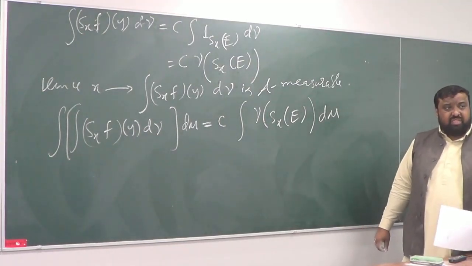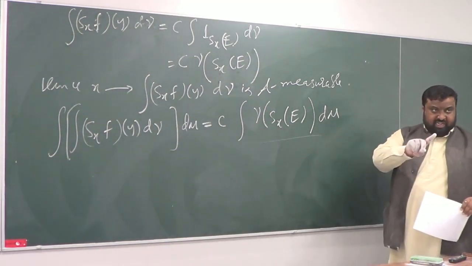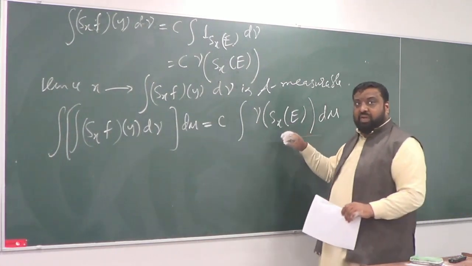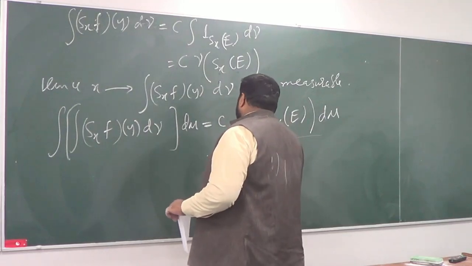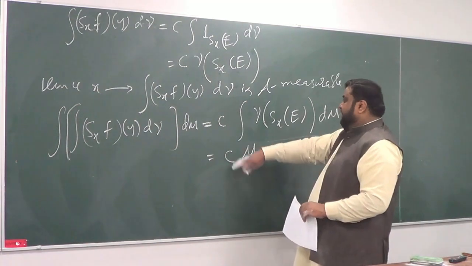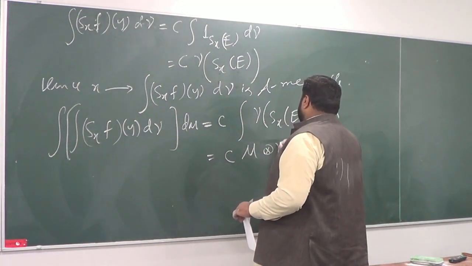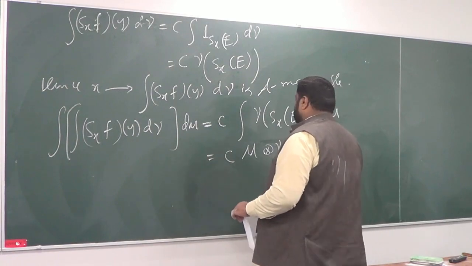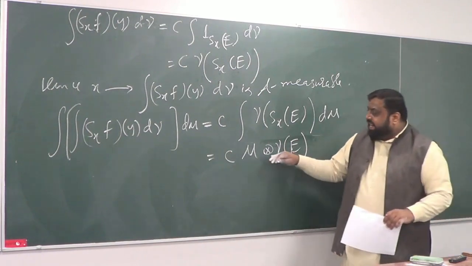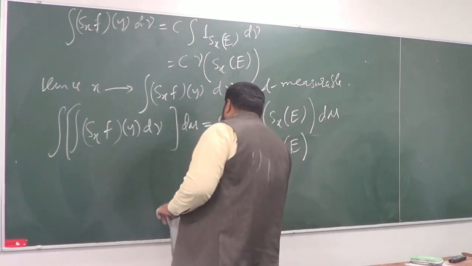Okay. Is it making sense? But we showed in the last second part that this is equal to c, the product measure mu multiplied by nu operated onto E. We got it? Can I write this in terms of an integral? The answer is yes.